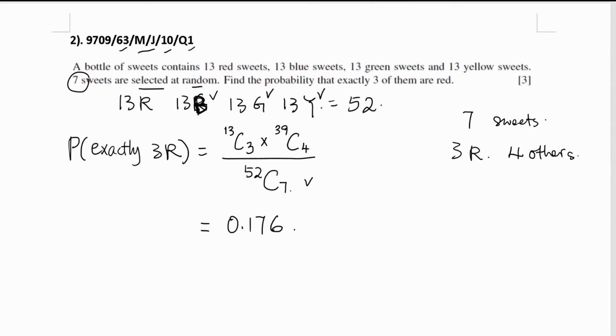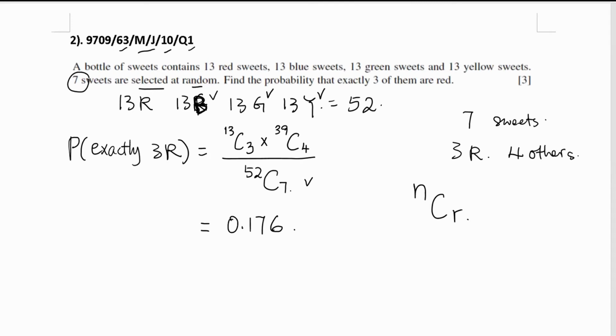All right, so this is the question. With the information given, we can make use of the nCr method to determine the number of outcomes for that particular event and the total number of outcomes without any restrictions. And we get the probability at the end.